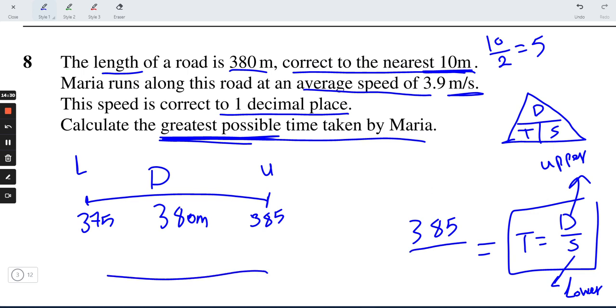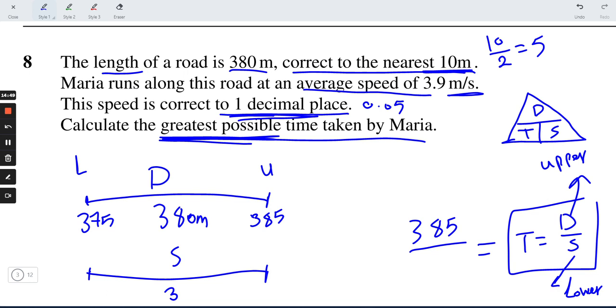Now for the speed, the speed is correct to 1 decimal place. The 1 decimal place means tenths, 0.1 divided by 2, which is 0.05. So you will subtract 0.05 and add 0.05.